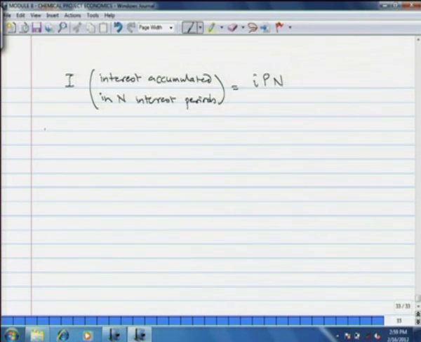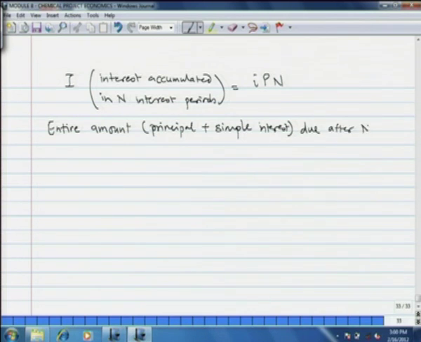Finally, we have to pay back the principal as well, the entire amount, that is principal plus simple interest, due after n interest periods.